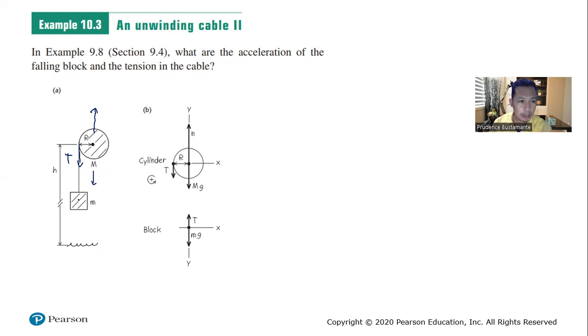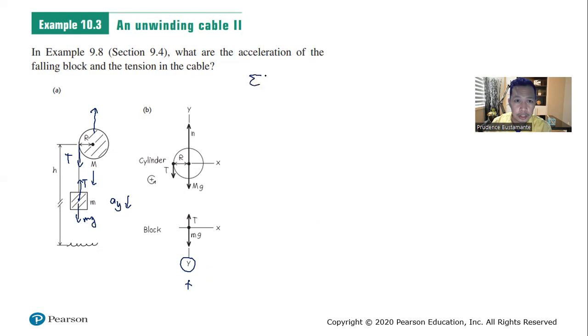We have the tension T and mg. We treat this as our positive y. From Newton's second law, this one is accelerating, so we have a_y in that direction.